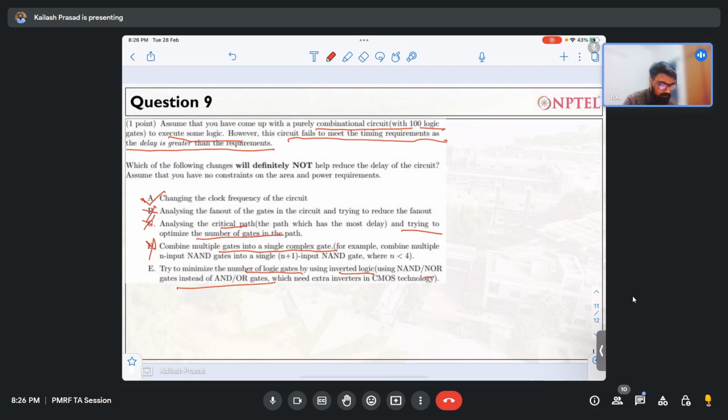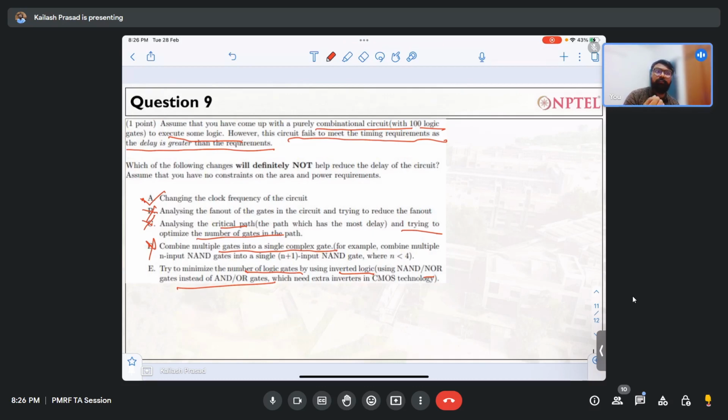Instead of using AND or OR, you have to actually use 6 transistors if you design AND, but if you design NAND, you have to use 4 transistors. So if you design all your logic using NAND and NOR gates, the number of transistors required will be less.